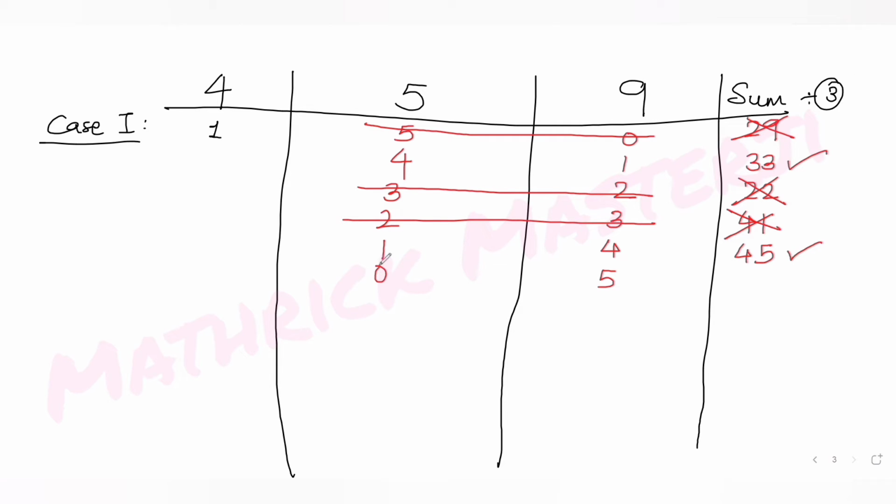In the last case, zero 5s, so 0, and five 9s, so 45, and one 4, so 49. This is also not divisible by 3. So with case 1, where you had one 4, you got two valid cases where the sum is divisible by 3. Now let's see the other case.